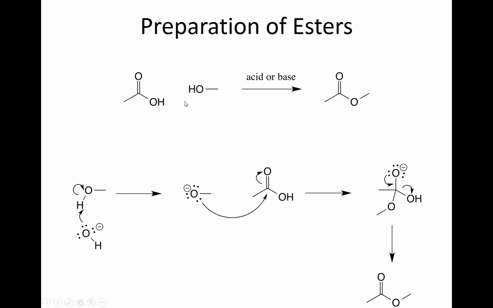Okay, so again, here's the mechanism. Here's what this would look like. We have methanol here, and we have acetic acid here. And so in the presence of an acid or base, we will produce an ester. So essentially what happens is that we make a negatively charged ion out of the methanol, which has a 2 electron pair here, and is going to donate to the electrophile carbon here in this carbonyl group.